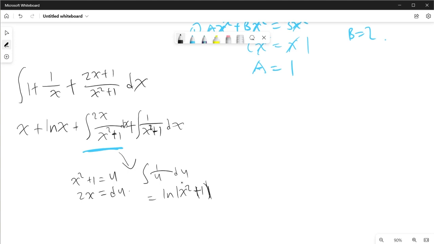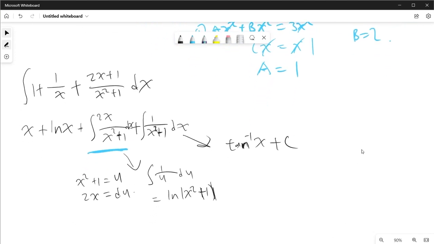That will be the first part, and then the second part is just tangent inverse x. You should know that that's one to remember. And then of course plus c for the indefinite integral.